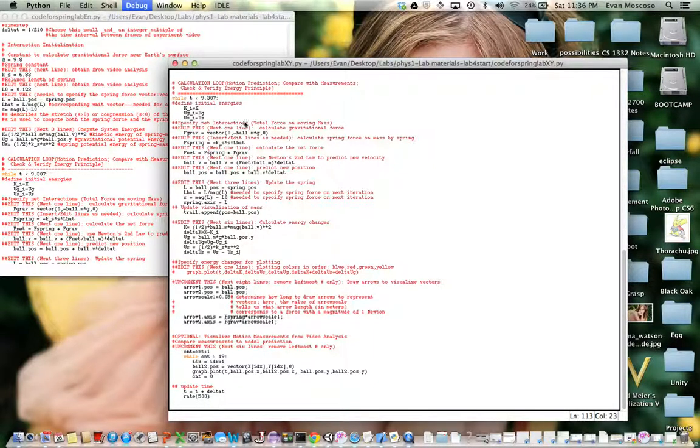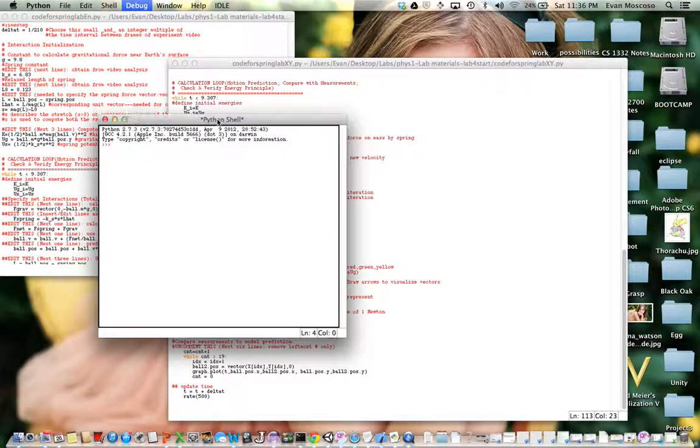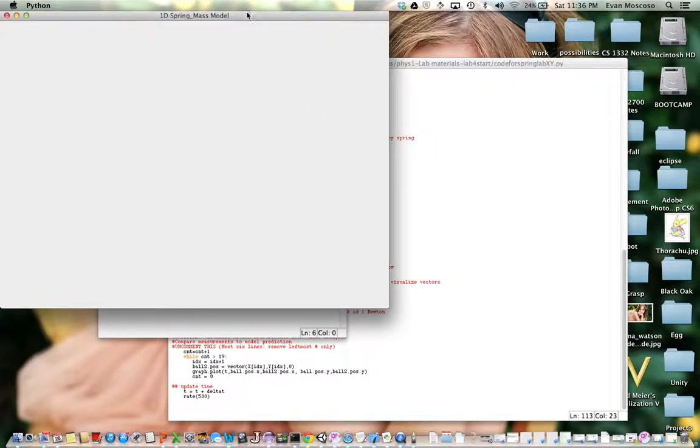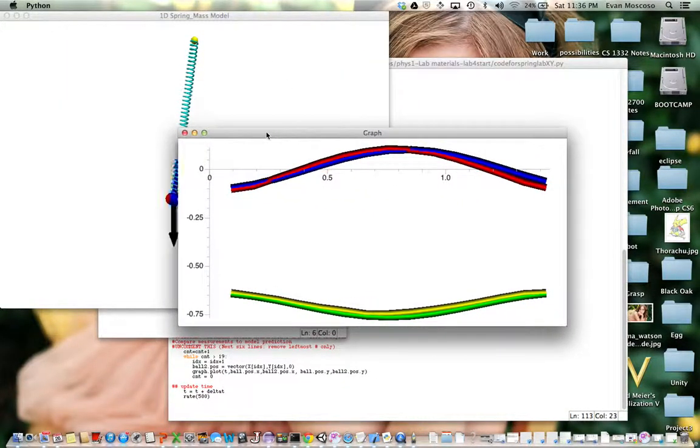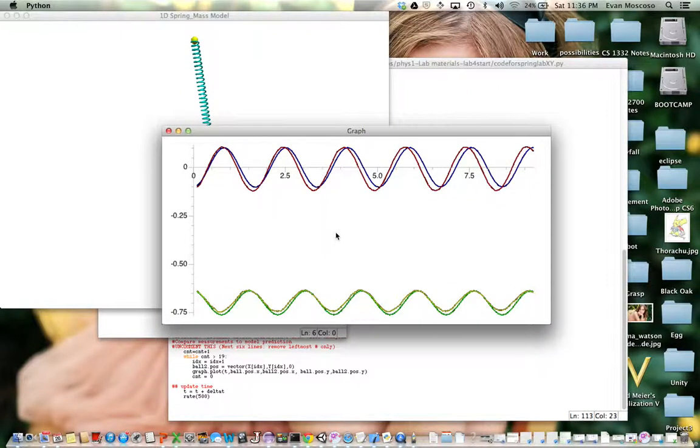And if we run this, we have this is the x coordinate and this is the y coordinate.